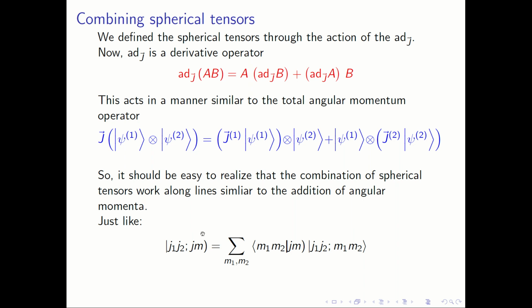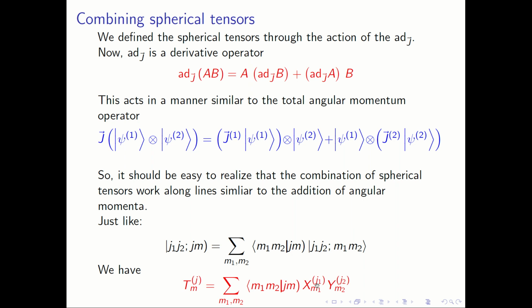Remember, we use rounded ket symbols just to remind you that these are eigenkets for the whole thing and these are eigenkets for the direct products. And you can expand this in terms of these with the coefficients which we have spent a lot of time upon in previous lectures. These are the Clebsch-Gordan coefficients.